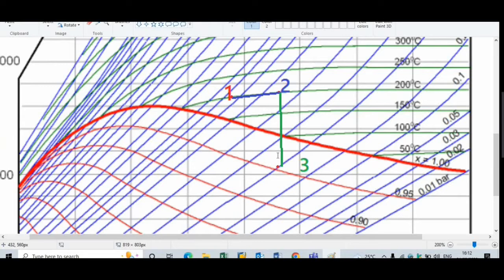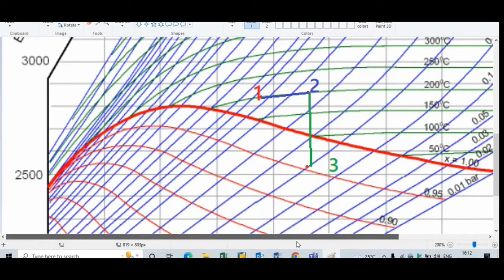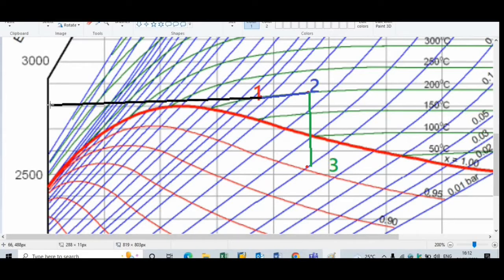So what is the enthalpy at this point 1? So remember, we will draw this straight horizontal line. I will use the black color here. Now we will extend this point 1. So what is the enthalpy at this point 1? If we observe, enthalpy at point 1 and point 2 will be the same.